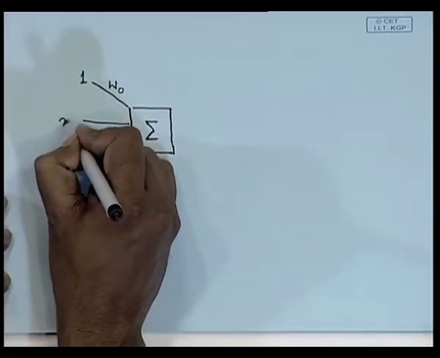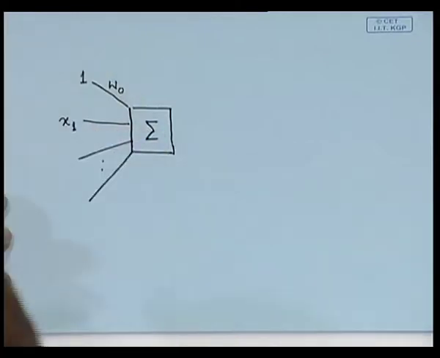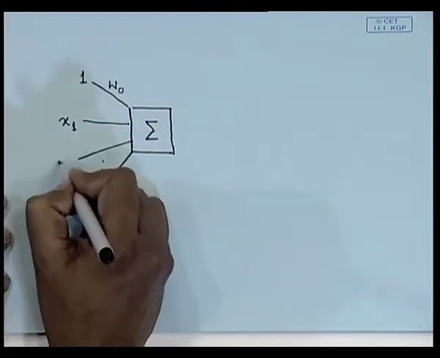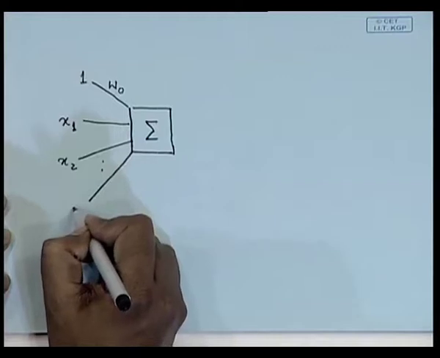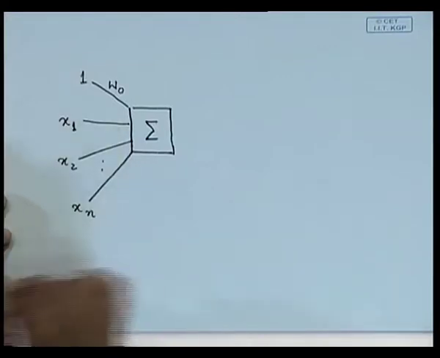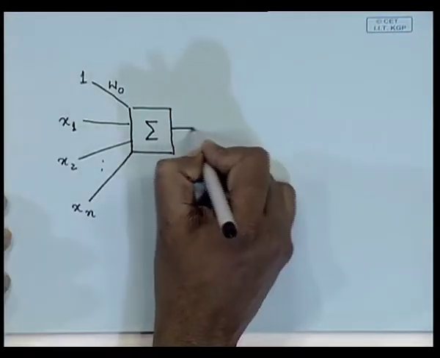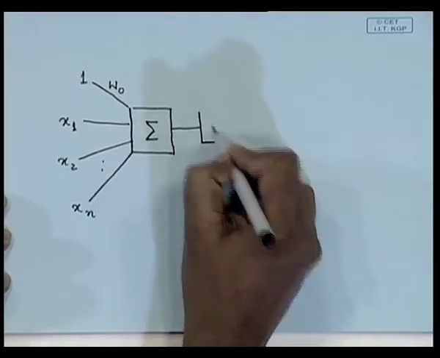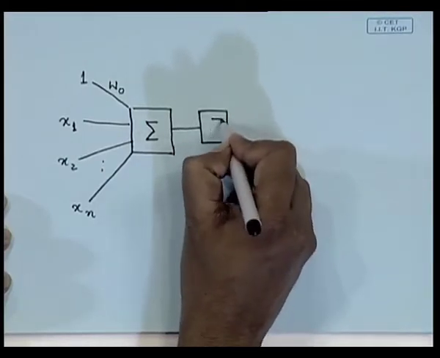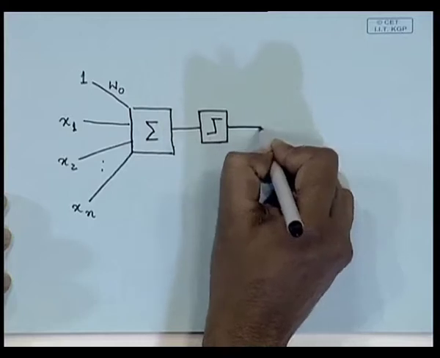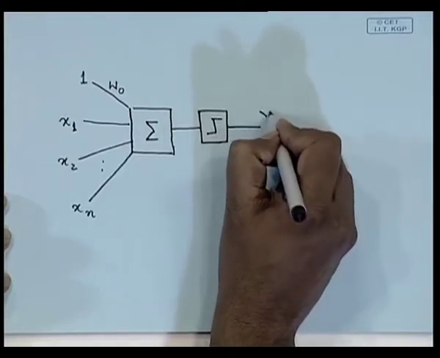Whereas to the other inputs, I have the different components of the feature vector, that is x1, x2 up to xn. The other functionalities remain the same. I have this nonlinearity, and then I get this output y.